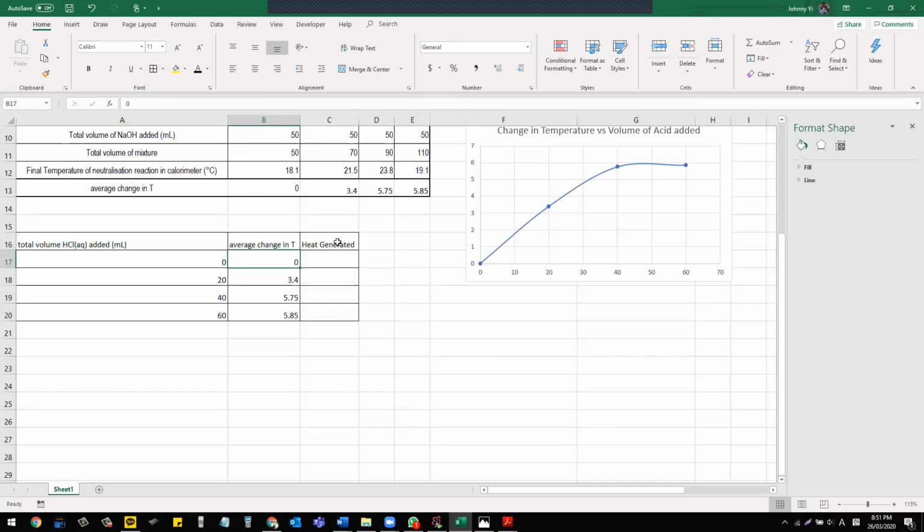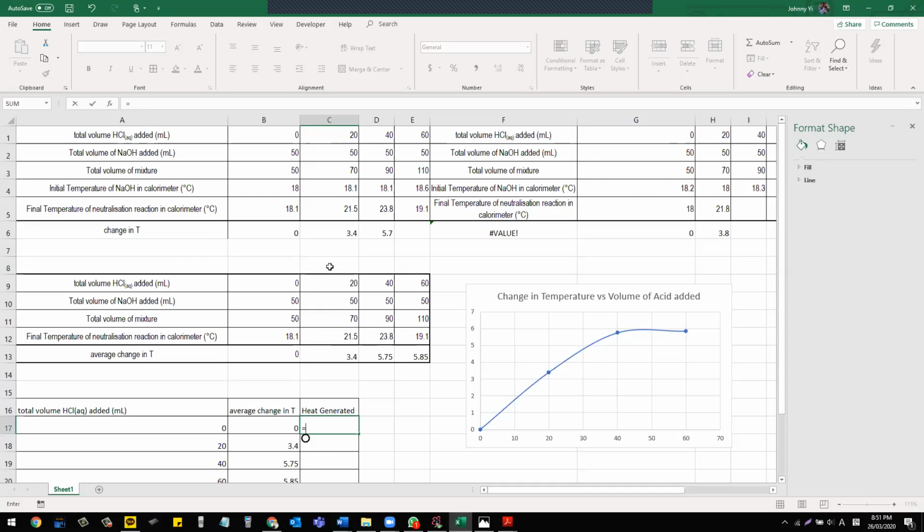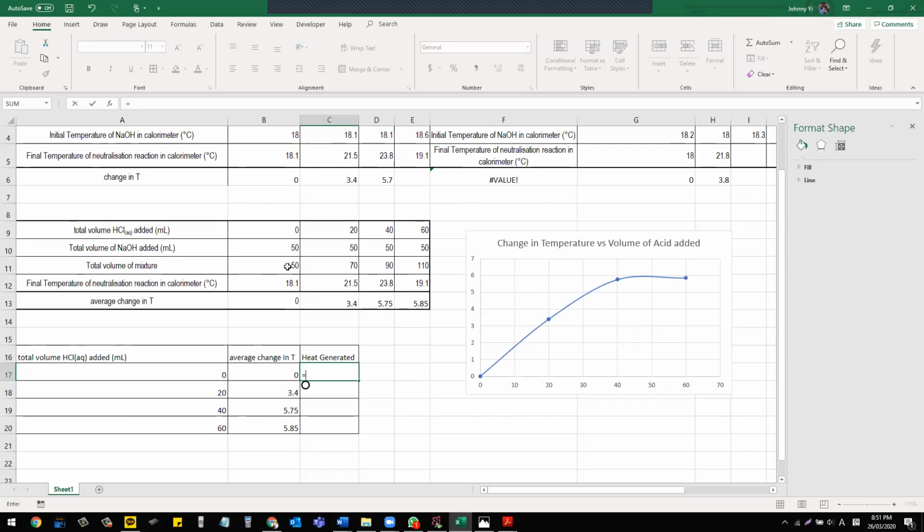So heat generated is actually the mass of water. So the mass of water is that one plus that one. So we're gonna use the Q equals MCΔT. So heat generated is equal to mass, which is going to be 100, that one plus that one.